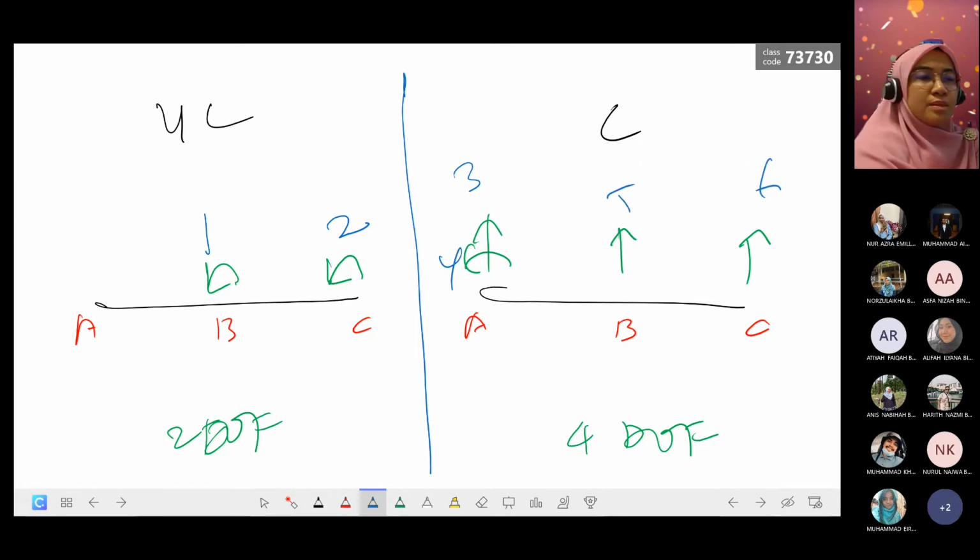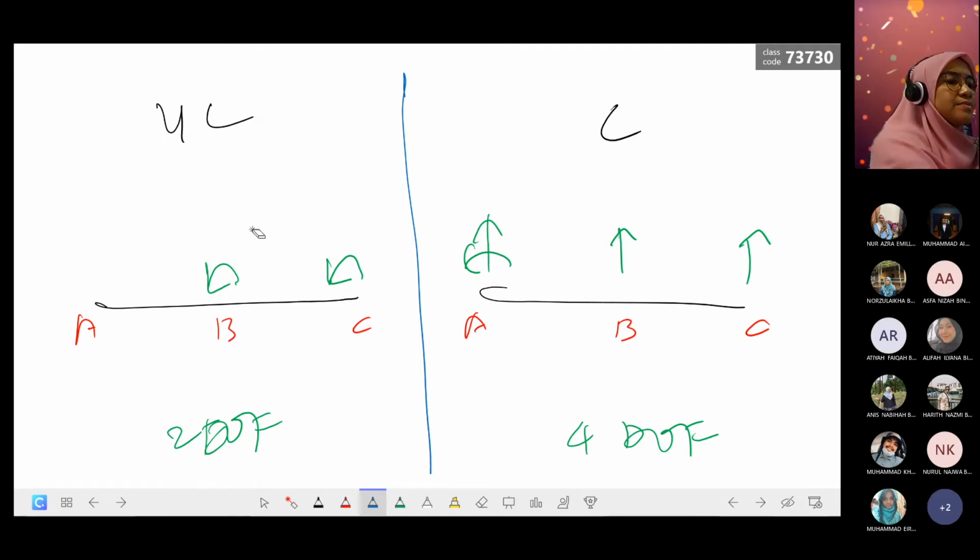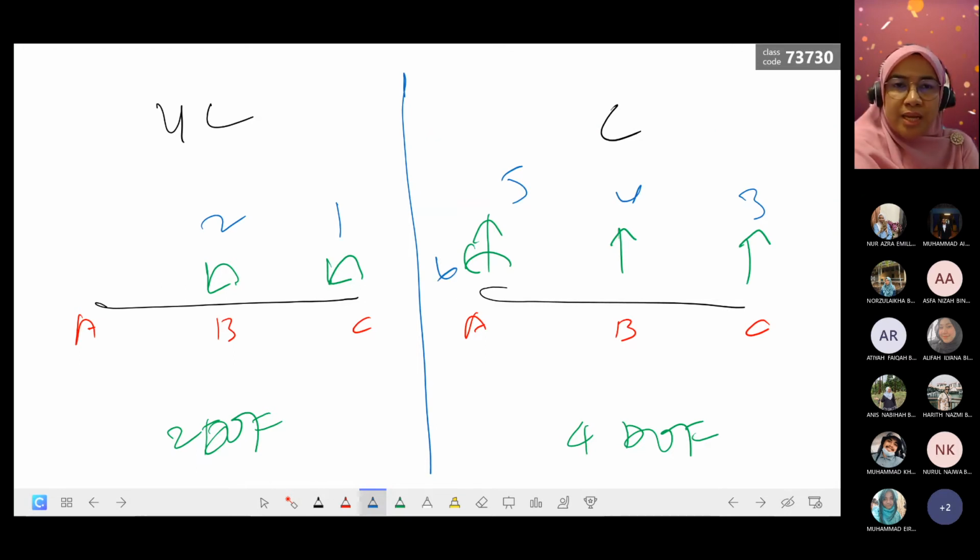Boleh tak letak macam ni? Boleh. Boleh label macam mana pun, as long as kita dah pisahkan dua-dua ni. Ada yang nak letak 1, 2 sini, lepas tu sini 3, 4, 5, 6. Boleh. Okay, as long as kita pisahkan.